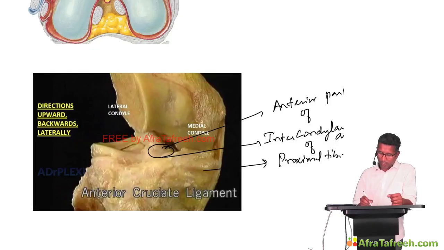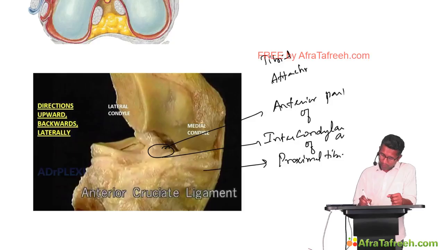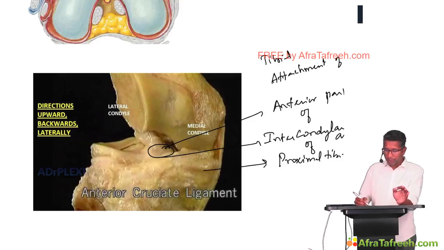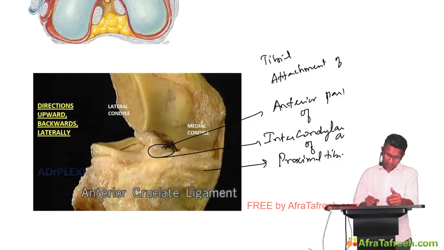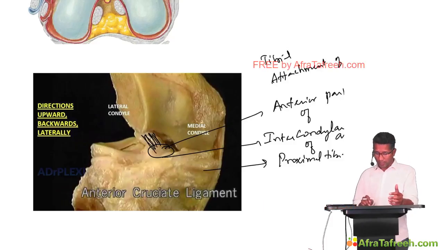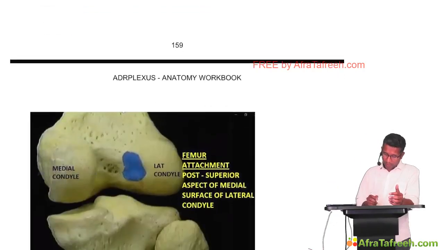This is the tibial attachment of the ACL. Okay guys, clear? So this is called the tibial attachment of the ACL. So what is the other attachment? The fibers of the ACL run superiorly, posteriorly, and laterally and get attached to the medial surface of the lateral condyle.